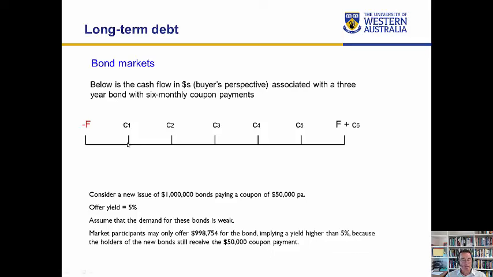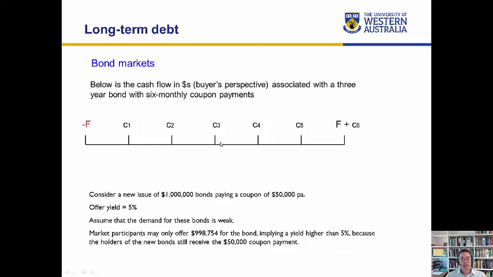Every 6 months a coupon payment is paid, or it's a type of interest payment to the investor. So if we're dealing with a 5% yield on a $1 million bond, then this coupon payment here would be $25,000. The second coupon payment would be $25,000, so in the first year the total interest payment is $50,000 or 5% of $1 million.